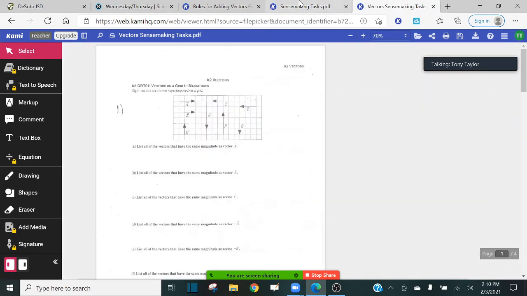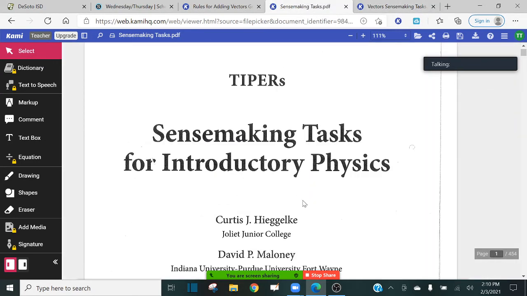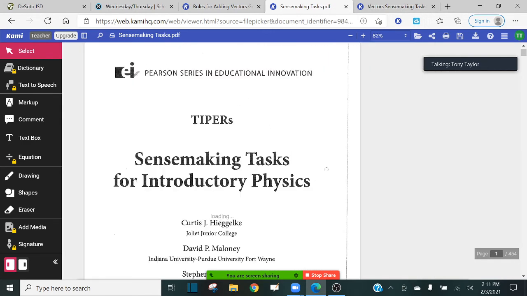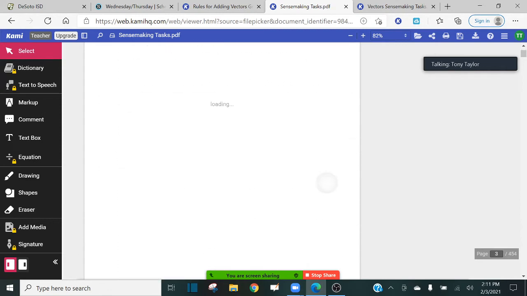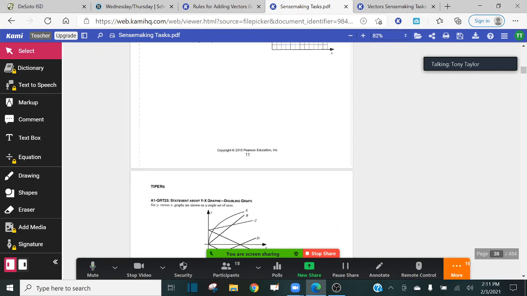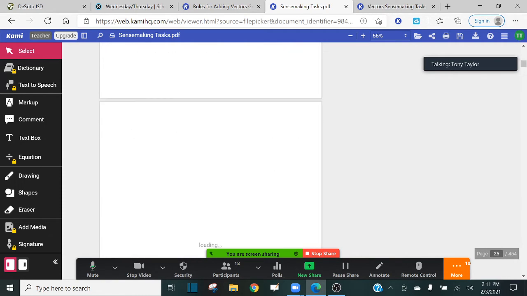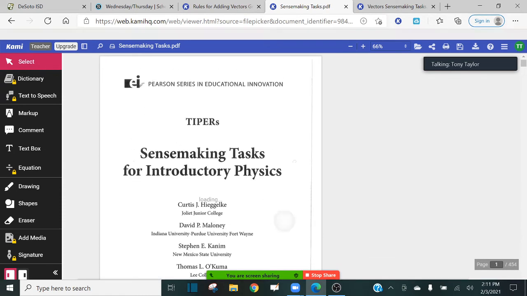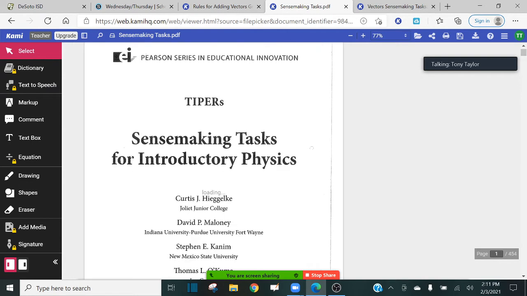It came from this booklet called Sense Making Tasks. And so Angelina, that's where the term comes from. It just comes from the name of this booklet here that I have, because it's a booklet that has a lot of assignments that I can just go through and I can just pick what I want.